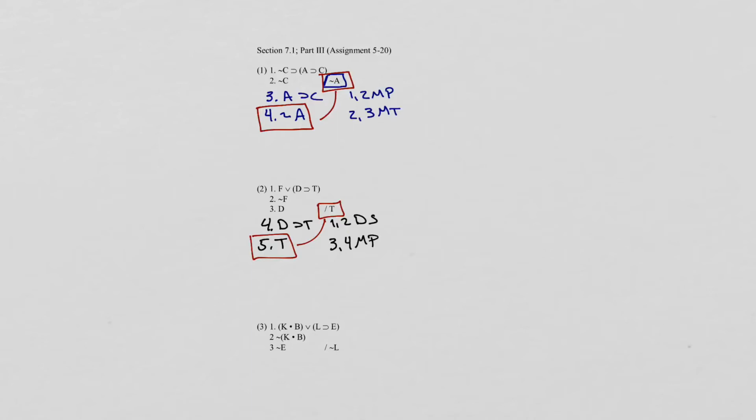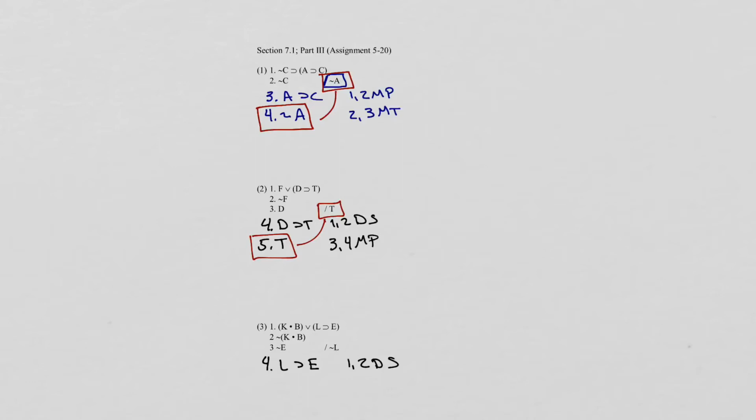Okay? Let's look down here. Now we know that, again, in line 1 we have a disjunction, and we also have the negation of one side of it. It's a little bit bigger this time, but still the same thing, right? We have K dot B, and then we have not K dot B. So we can still use DS. So we'll get L to E, using line 1 and 2, DS.